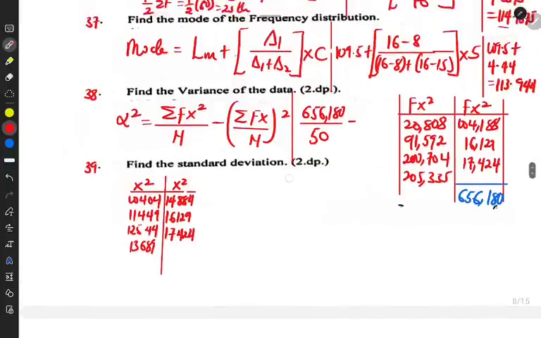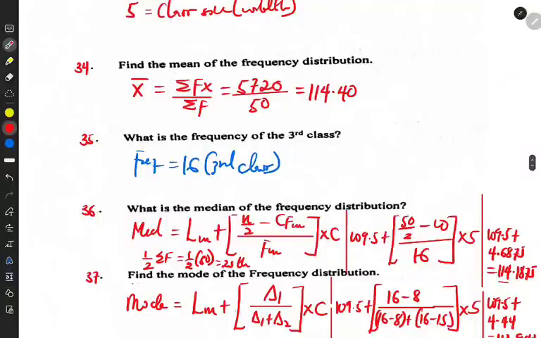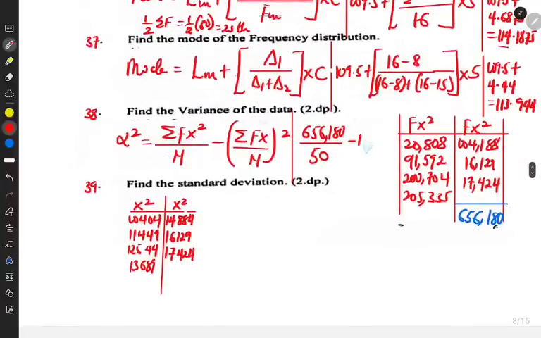Our mean has been given as 570 divided by 50, which is 114.40. So I can just substitute 114.40 and I'll square it. That is all.